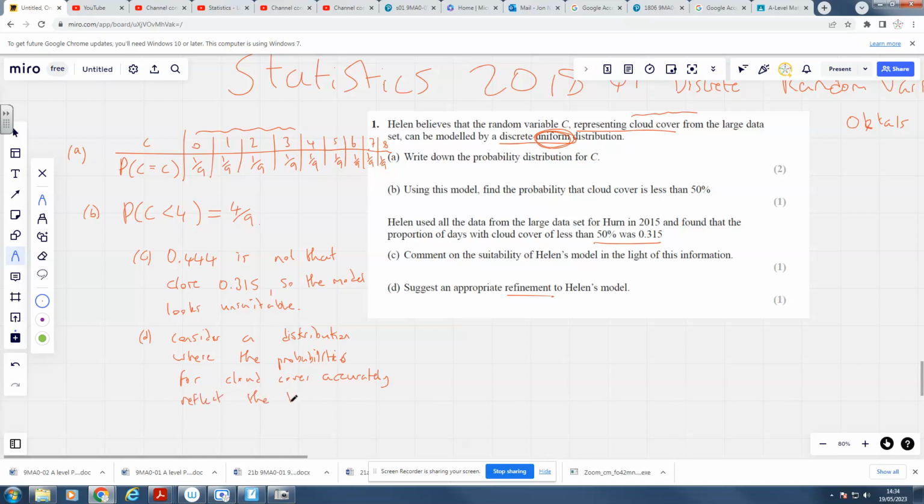Don't write too much in these. But if you're paranoid of getting the mark, write a couple of sentences, but you don't need a paragraph, that's for sure.